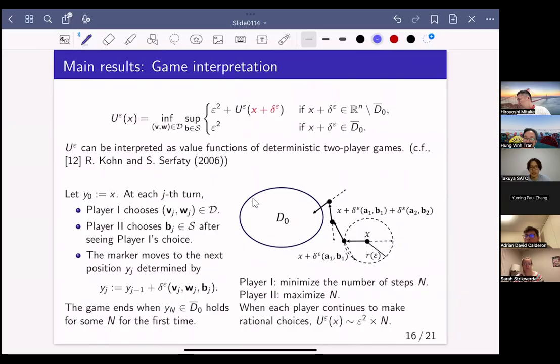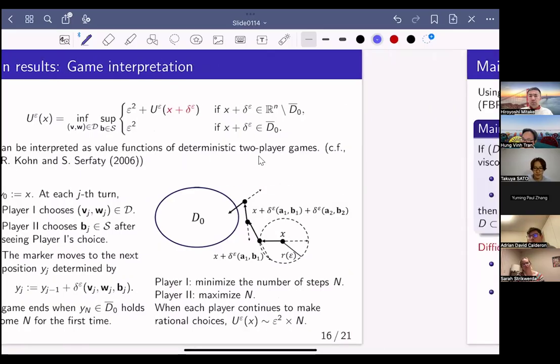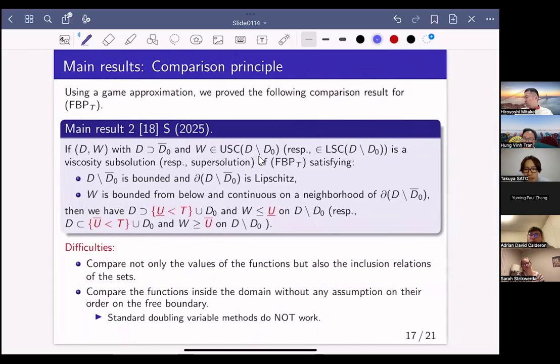For each given domain D0 and each starting point x, the point moves by the two players' rational choices, and this radius is determined by the approximation parameter epsilon. Using this game theoretic approximation, we can get the comparison principle for the original problems.